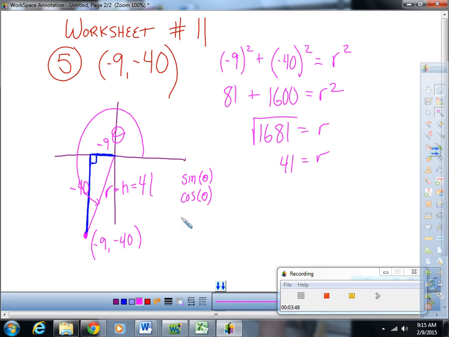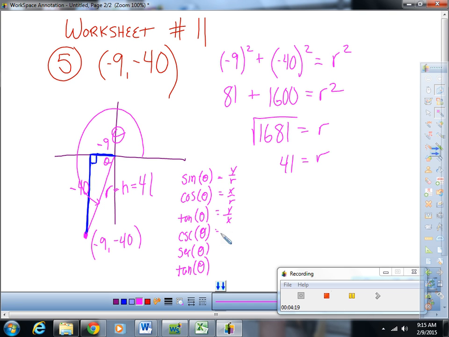Cosine of theta, tangent of theta, cosecant theta, secant theta, and cotangent theta. All right, well, sine is opposite. Here's our theta right here. Opposite over hypotenuse, so that's going to be y over r. Cosine is going to be x over r. Tangent is going to be y over x. And then we remember for these, we just flip all of them.